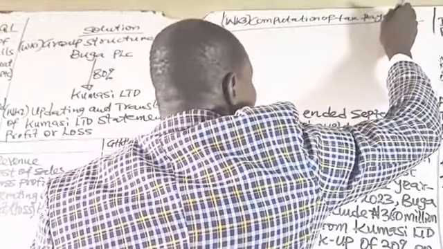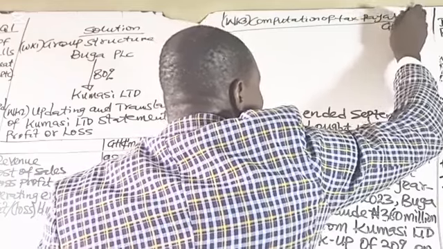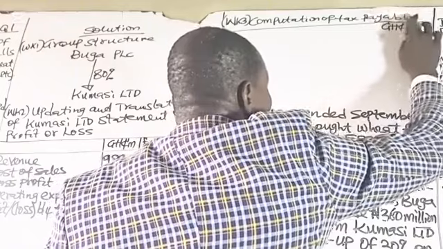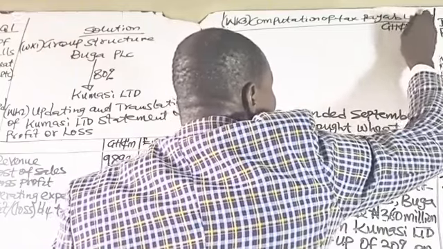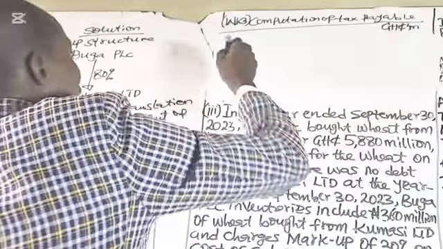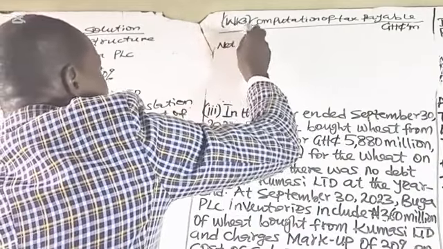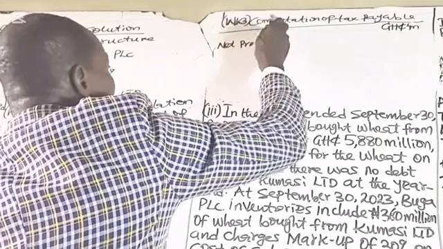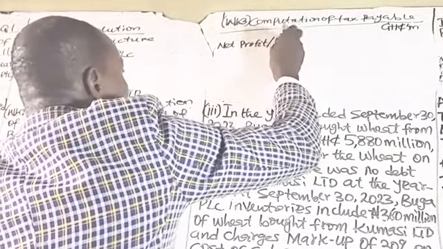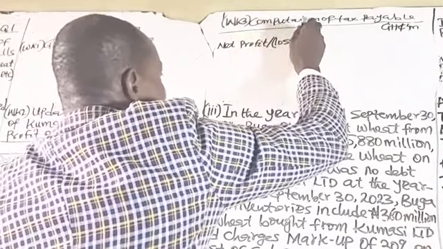So this is in Ghana cedis, million. So we have net profit or loss, in brackets, before tax.